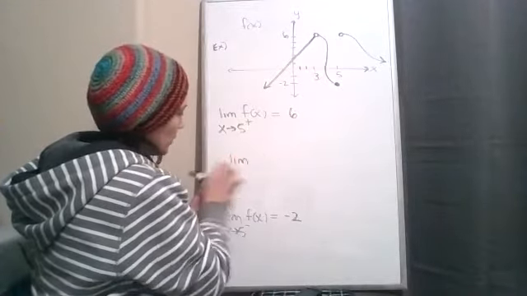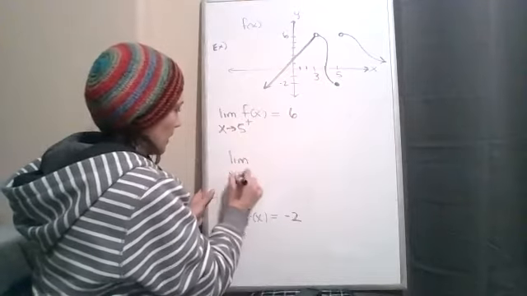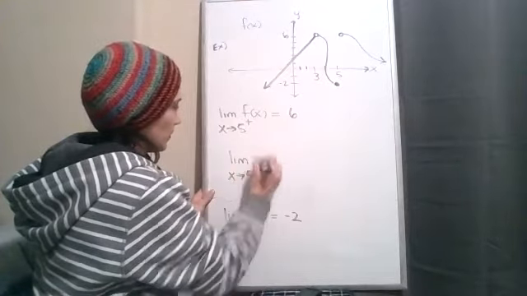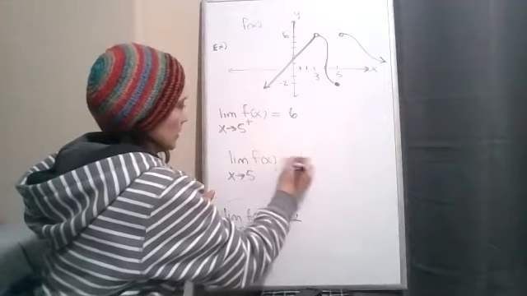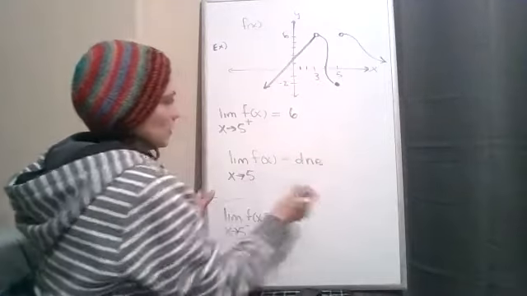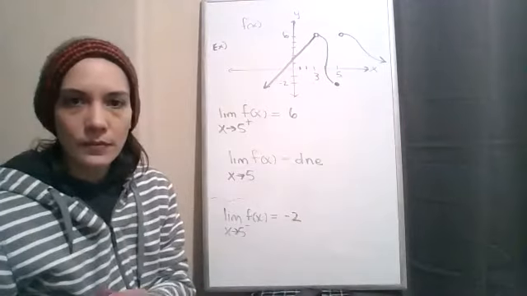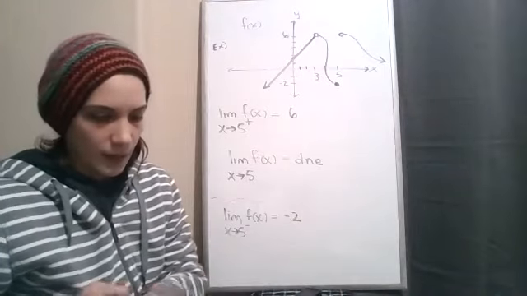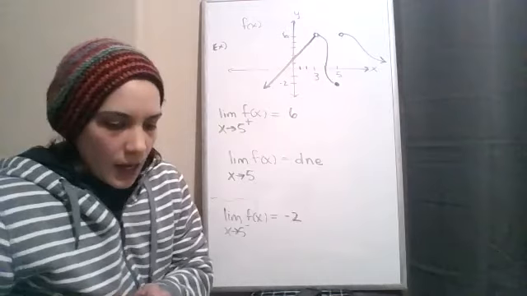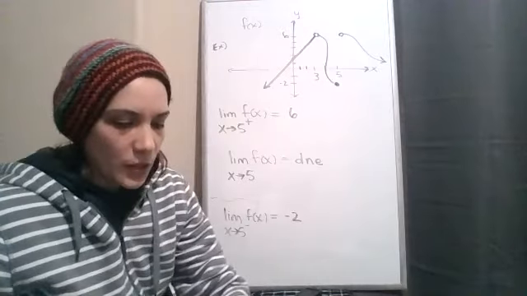Well, you know where this is, right? Limit as x goes to 5 of f of x. Okay, so I put a note and we'll write this down together.